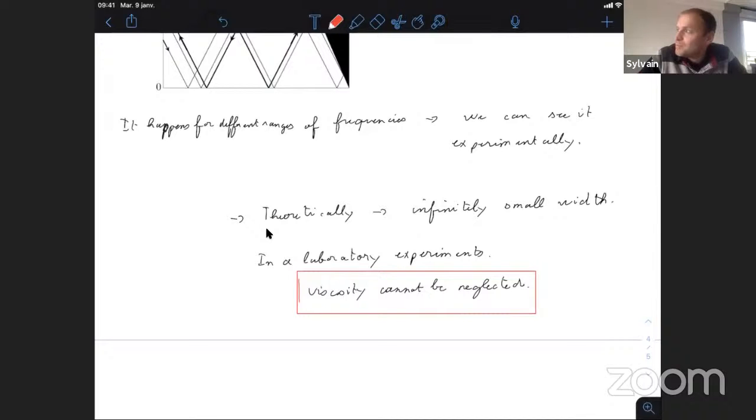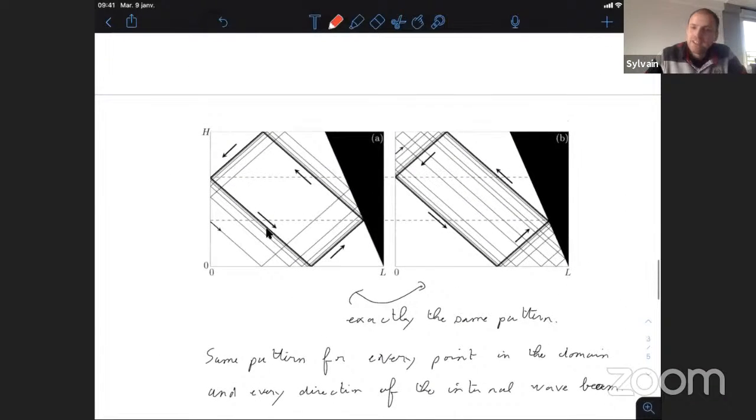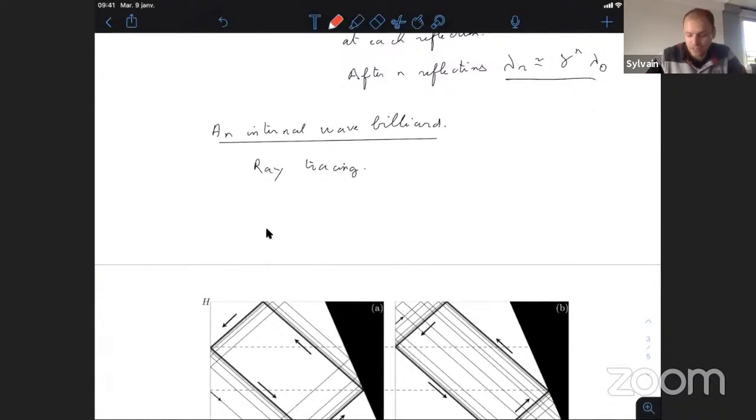Corners are always a problem. Usually we don't really see the corner in the lab because the wavelength is larger, and what happens in the corner cannot be seen. I am not sure there's some analogous mechanism for internal wave. In laboratory experiments, viscosity will play a role much earlier.